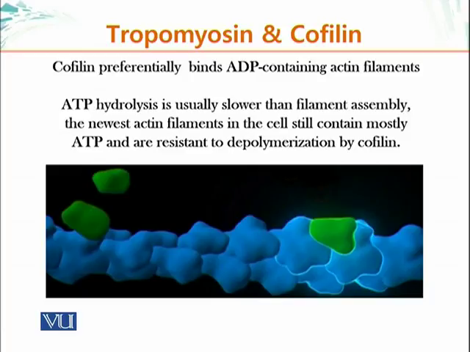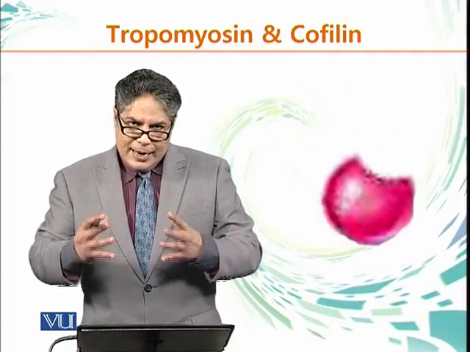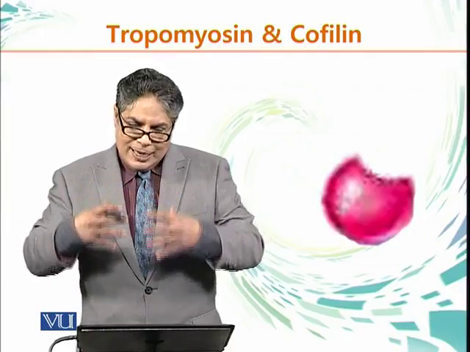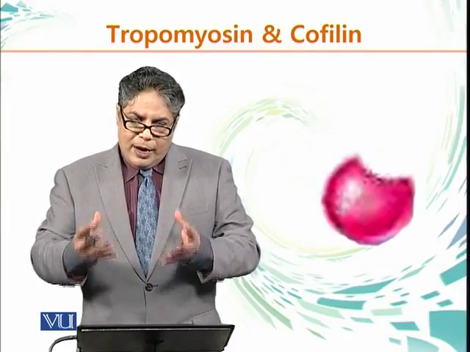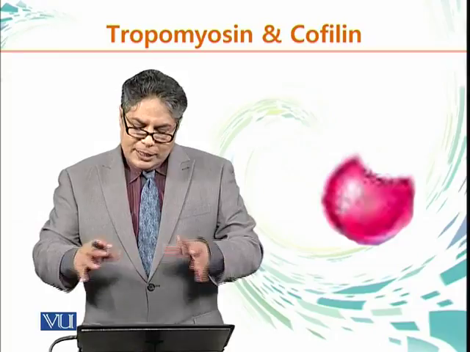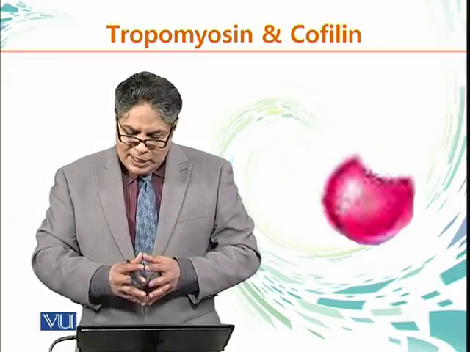And ATP hydrolysis is generally slower than the filament assembly. So the newest actin filaments in the cell still contain mostly ATP and are resistant to depolymerization by cofilin. Cofilin, therefore, efficiently dismantles older actin filaments. This causes a huge turnover for actin, so cells can reorganize their cytoskeletal array.